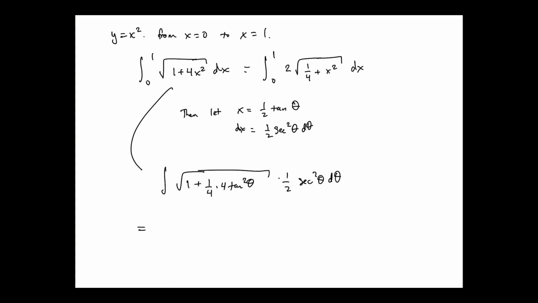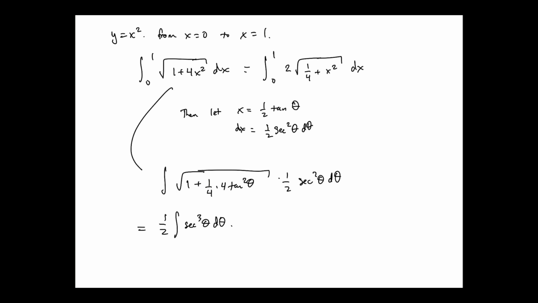Okay, so the square root quantity is just secant after you square root it, because I've got 1 plus tangent squared, which is secant squared, and I square root that, I got secant. So this is 1/2 the integral of secant cubed.